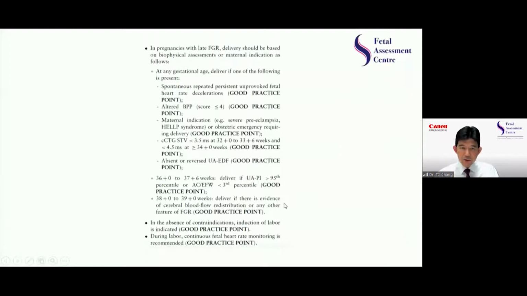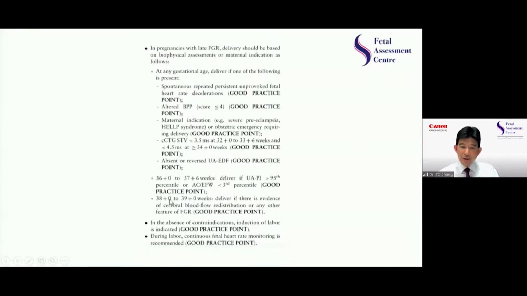Well, there are two helpful indicators here. First, if you have an umbilical artery PI that is more than the 95th centile and you're already 36 weeks or more, you can consider delivery. If you have an estimated fetal weight less than 3rd centile, if you're between 36 to 38 weeks, you can consider delivery.